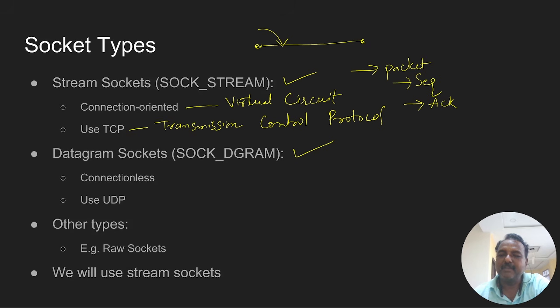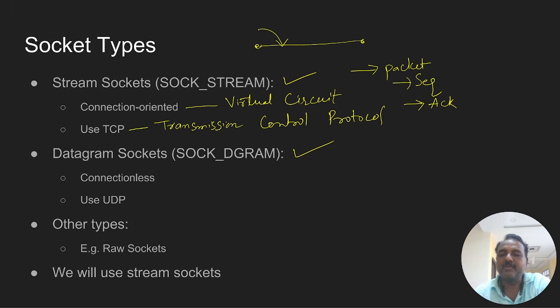So whenever the packet is received, the receiver end is going to acknowledge the sender, saying that the packet has been received in a particular sequence. So that's the advantage we have if we use the TCP protocol.